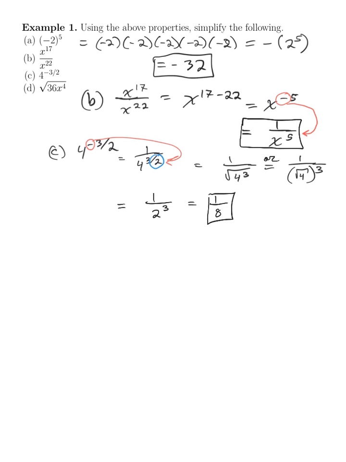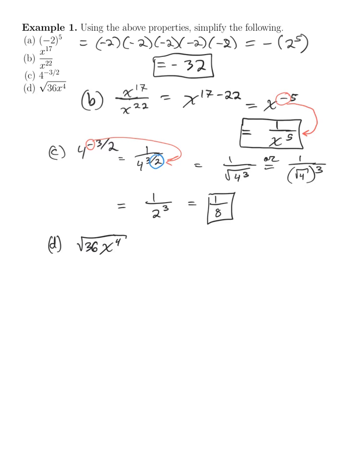Okay. So there's parts A, B, and C. Let's take a look at part D. So the square root of 36 x to the 4th. This one we don't particularly need to talk about powers and properties that they have, but maybe one of the properties is that you can apply them to different parts of a product.